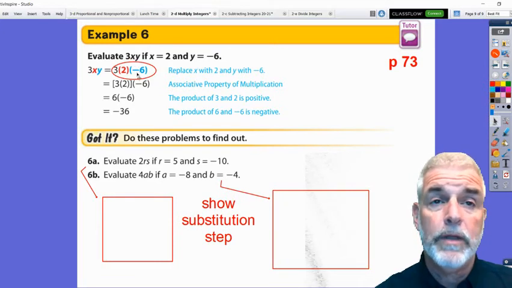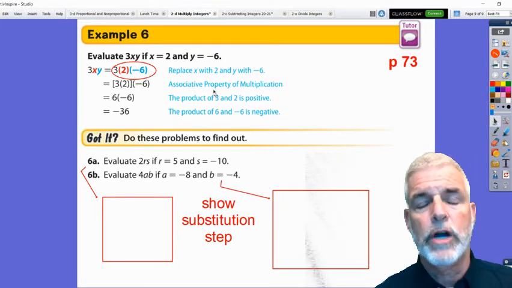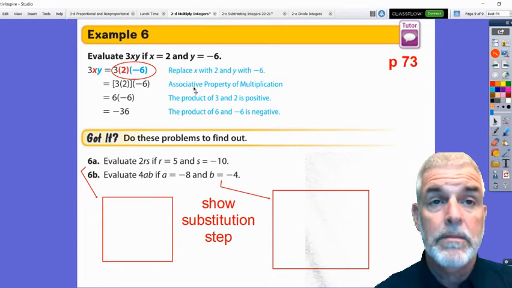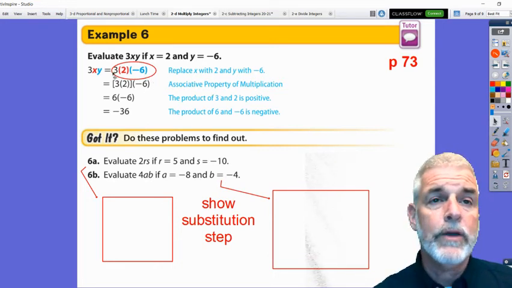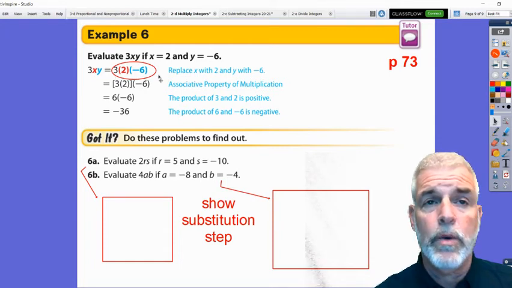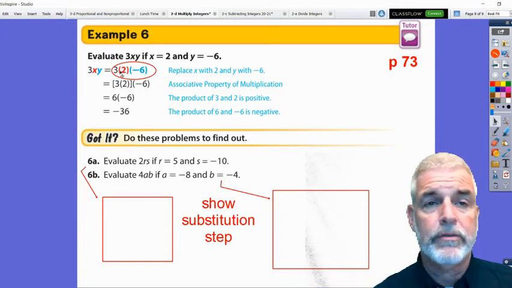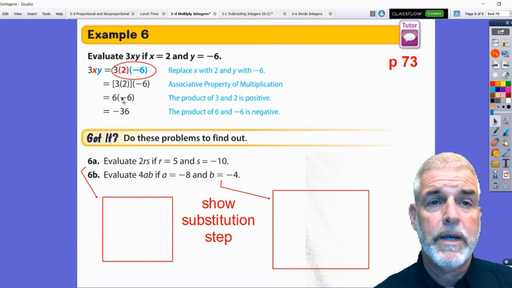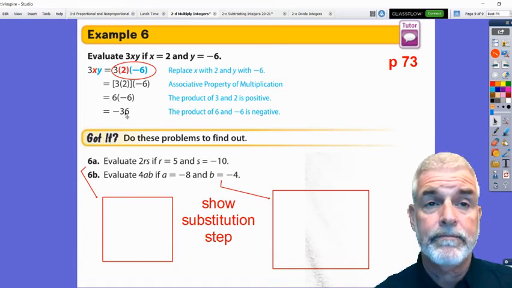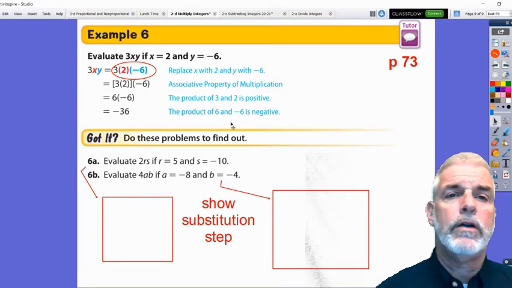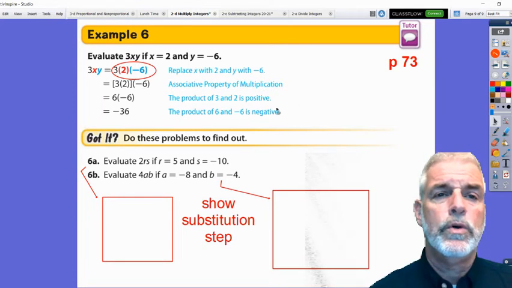But you should, when you substitute the value in, put it in parentheses. Okay, so now you can do this multiplication in any order you want. 3 times 2 is 6 times -6 gives me positive times negative, so the answer is -36.